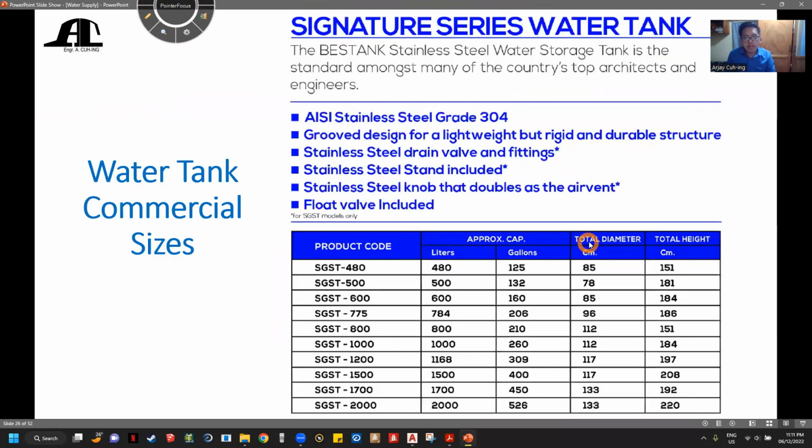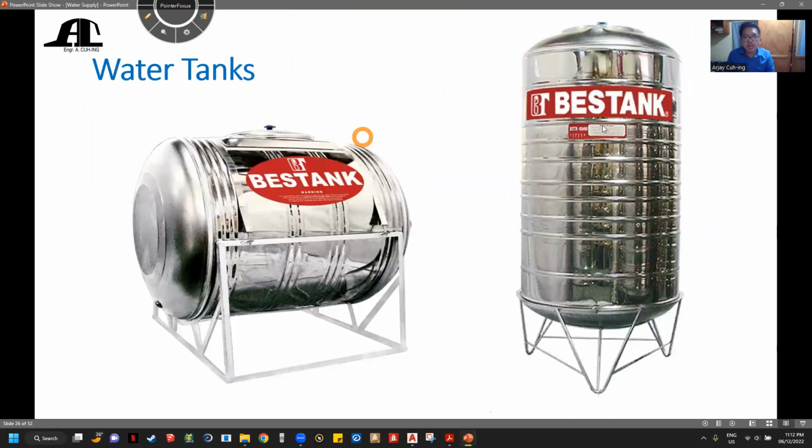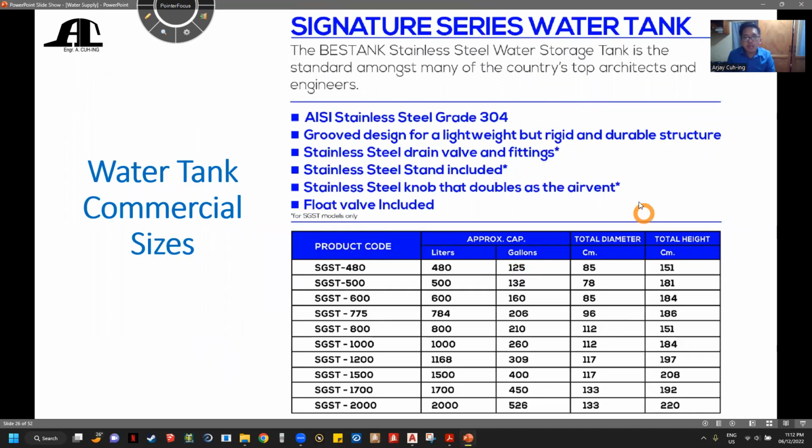Okay? Tapos we have also class for the sake of correct answers. Nagbigay na rin ako class ng commercial sizes para consistent tayo class in terms of the pipes and the fittings. So, best tank. So, technically, ito rin yung class. Yan. Yung best tank na yan. Ito class yung kanyang specifications. Ito.